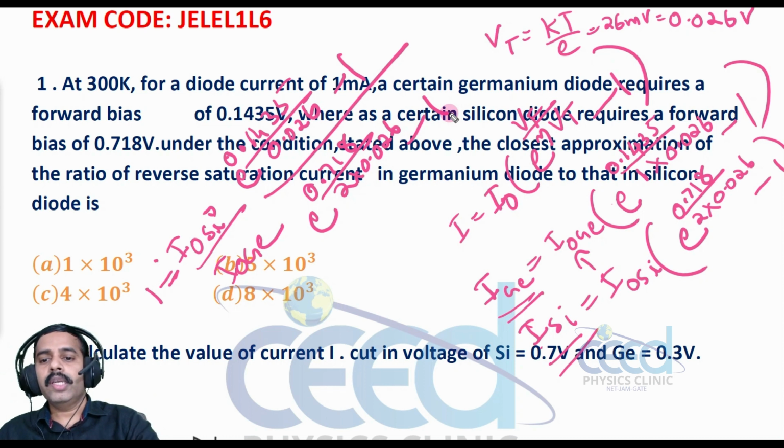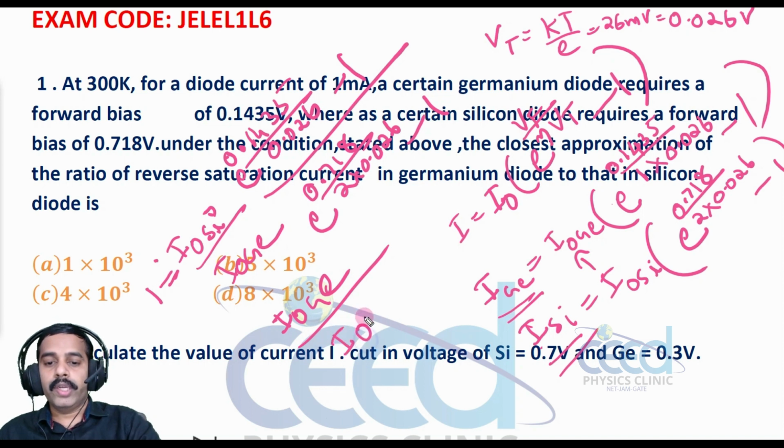Now you can easily calculate this. The only parameter we need to find is I0Ge by I0Si.